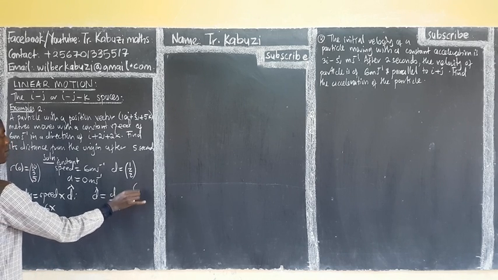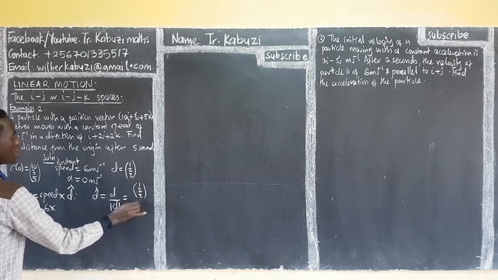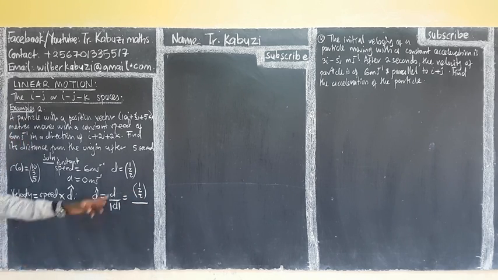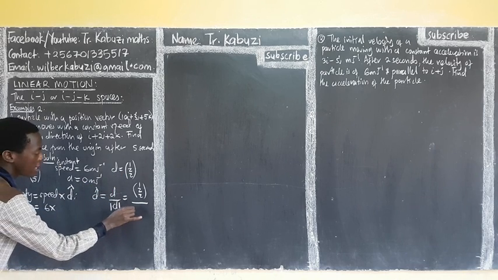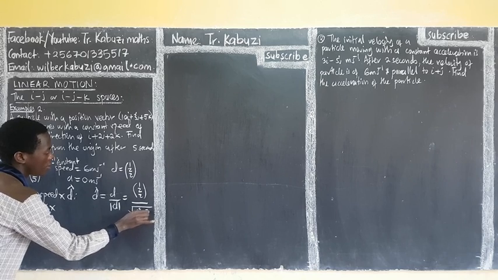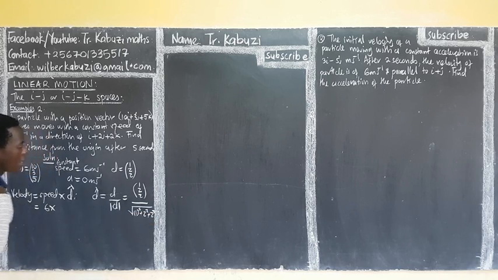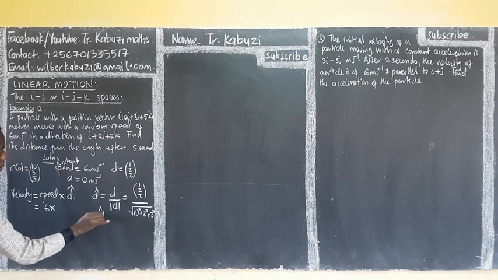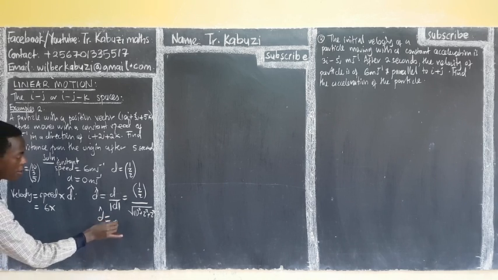Our d here is 1, 2, 2, over its magnitude, the square root of 1 squared plus 2 squared plus 2 squared.